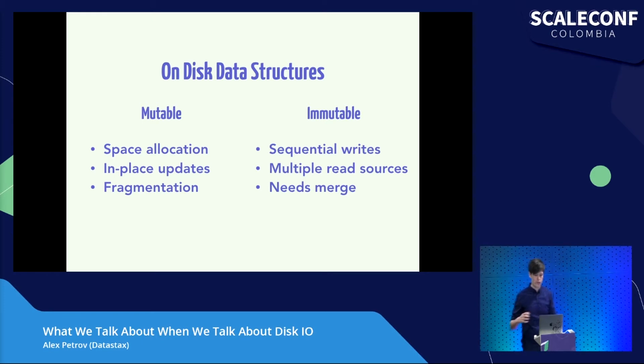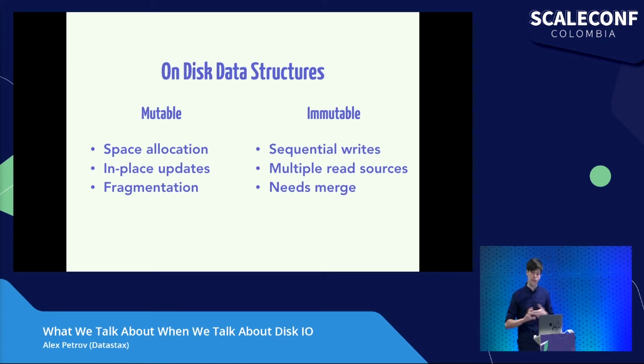This usually results in lots of random I/O, especially during writes. More on that a little bit later. Since updates are made in place, there will be no shadowing. To be precise, that means reading from multiple sources and then resolving the conflicts when reading from these multiple sources. So none of this is going to be required.